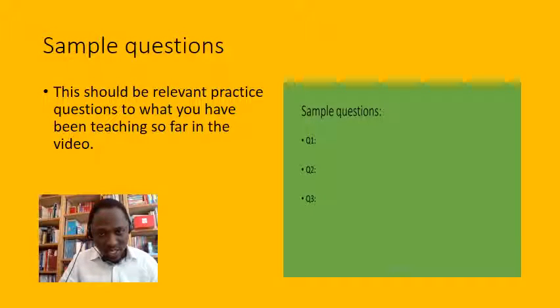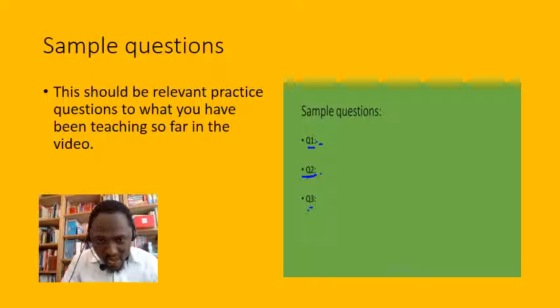So what I've done here is, even though I've not put any question there, I've put Question 1, Q2, and Q3, representing question 1, question 2, question 3. So here, I'm assuming if I'm going to put questions here, I'm going to have a low-level challenging question for question 1, and then a mid-level challenging question that will take a bit more time and understanding compared to question 1 to solve.